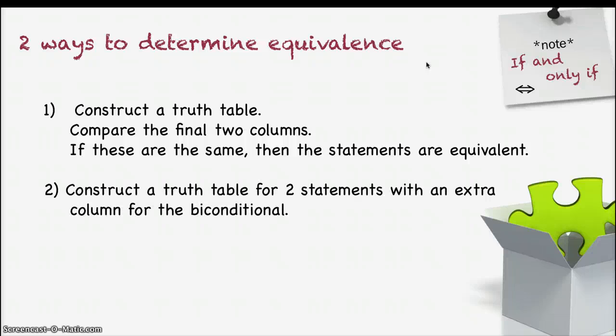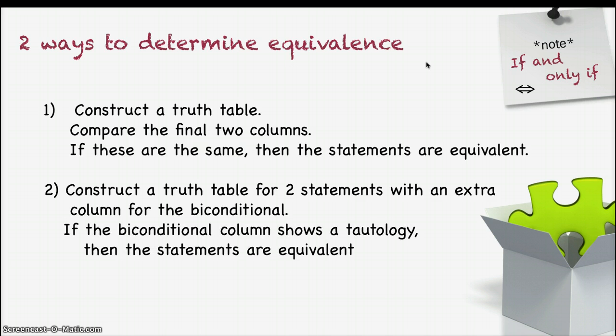The second method is to construct a truth table for two statements with an extra column for the biconditional. You'll know the values of the biconditional because I have shown you in the first slide. If the biconditional column shows a tautology, then the statements are equivalent.